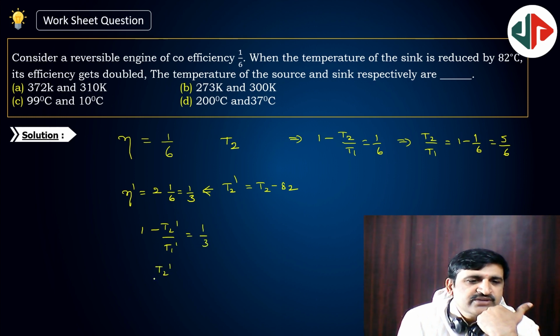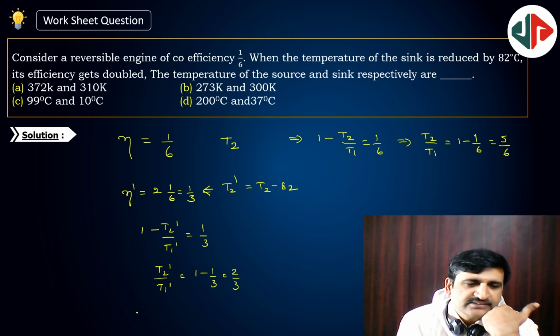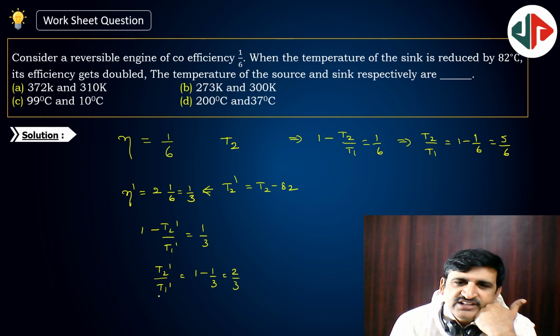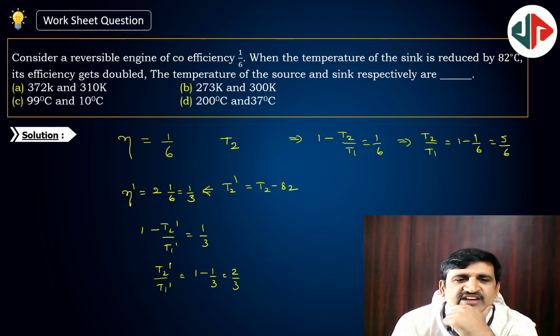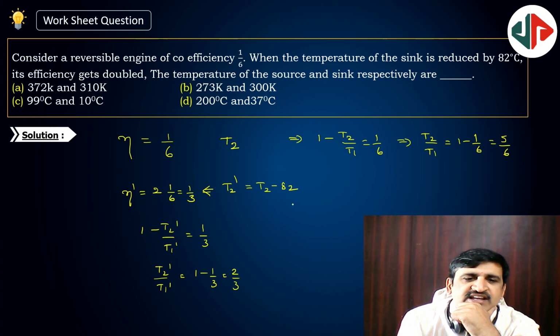That means T2 dash by T1 dash is equal to 1 minus 1 by 3, which is 2 by 3. Next, T2 dash is equal to T2 minus 82, and T1 dash is equal to T1.